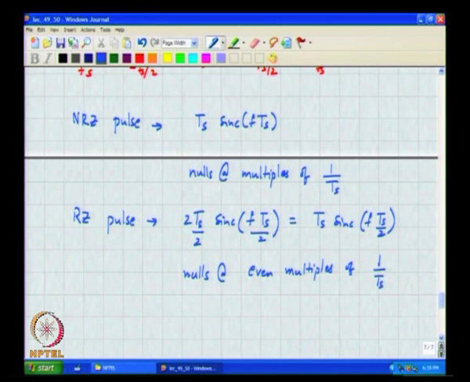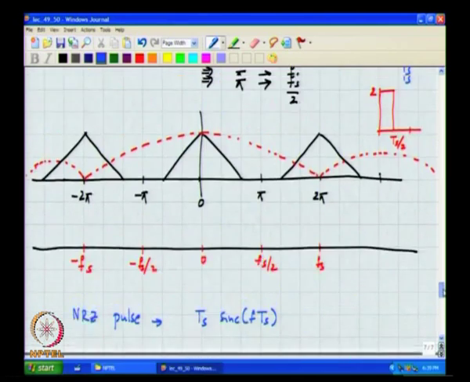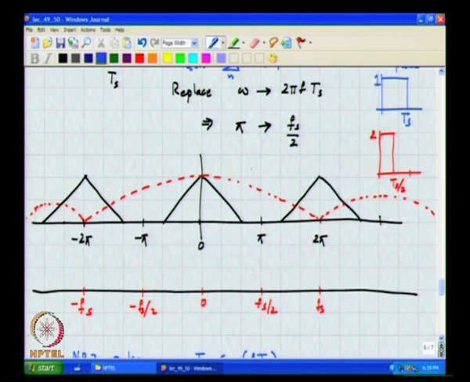Okay. And that makes physical sense. So, the spectrum for the NRZ filter, if you like. The RZ filter will look like that.